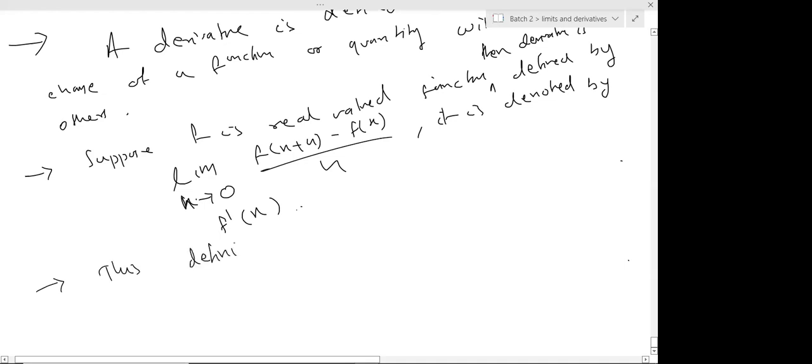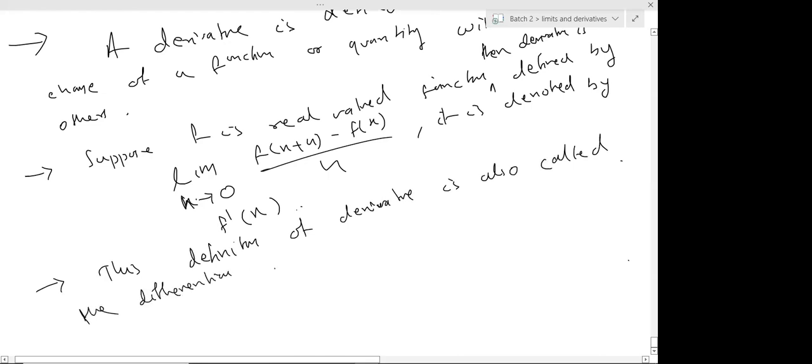This definition of derivative is also called the differentiation on first principle or by ab initio or by delta method.